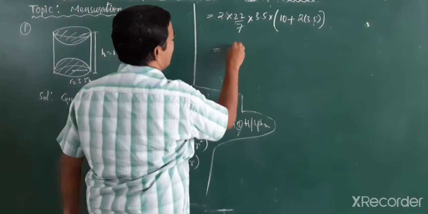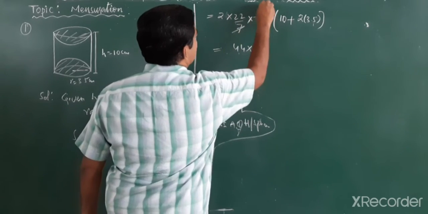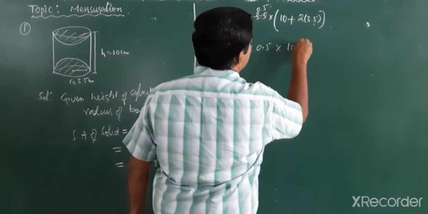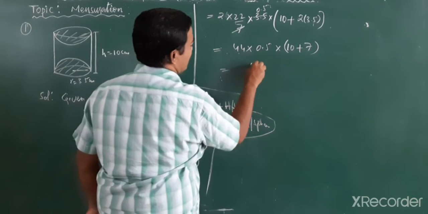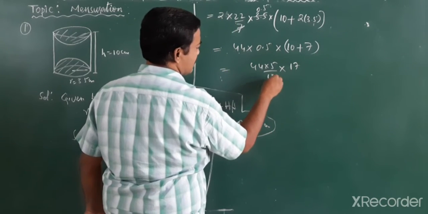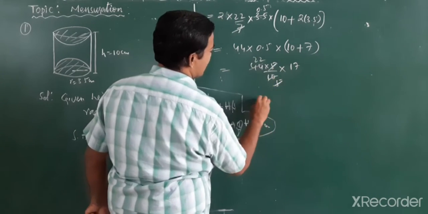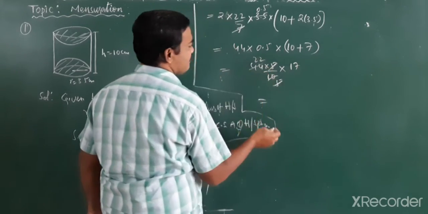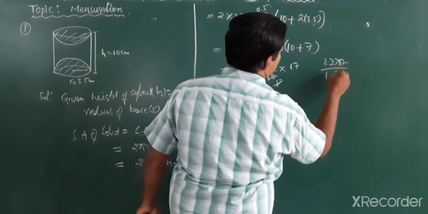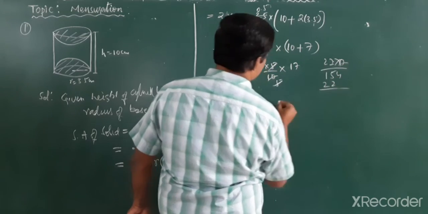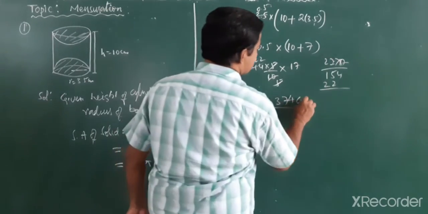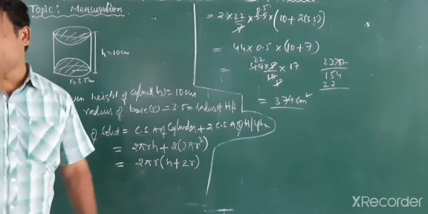Now 44 into 7 into 0.5, that is 44 by 7 into 3.5, into 10 plus 7, which is 17. The 2s and 5s cancel, and multiplying 22 into 7 into 17 gives 374 centimeter square, which is the surface area of the solid.